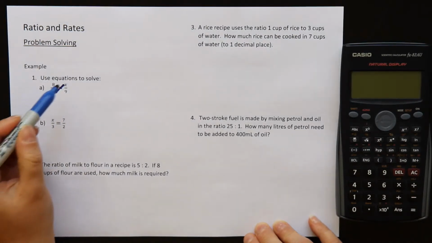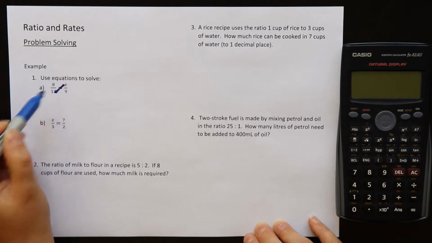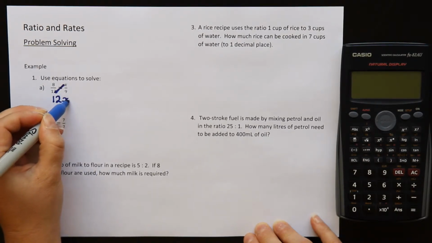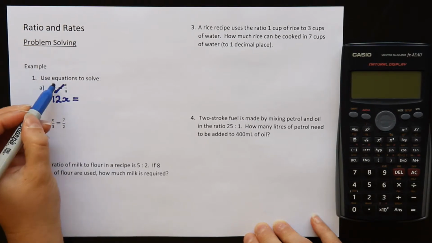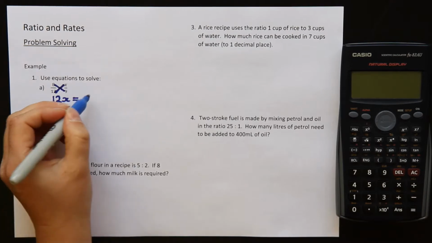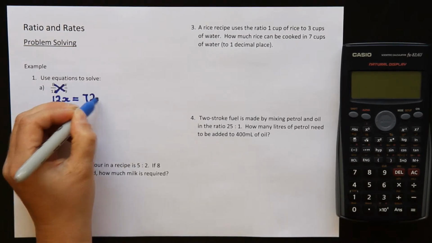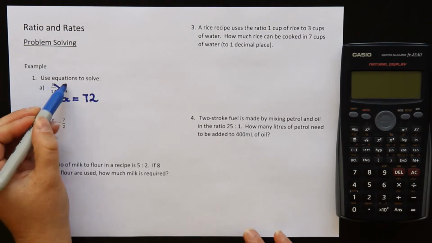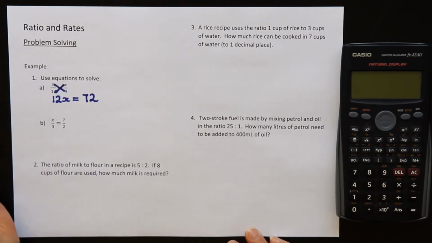Okay, so I'm going to multiply the x with the 12, because I like to have my pronumeral first, so that's 12x, and then that's equal to 8 times 9, which is 72. Okay, so that's why we call it cross multiplying, because it makes a cross.